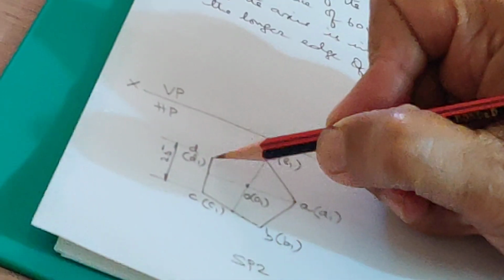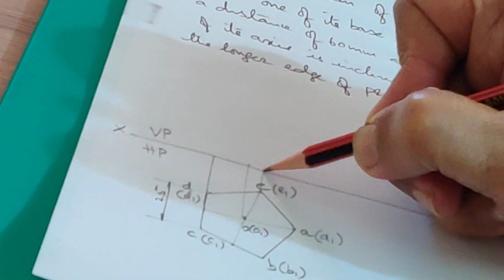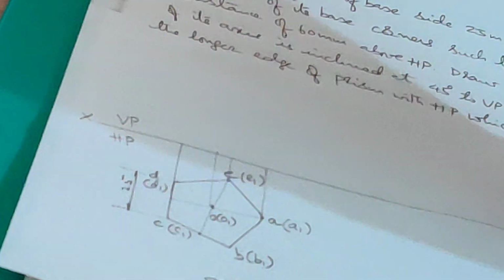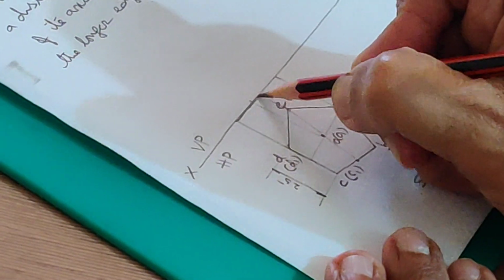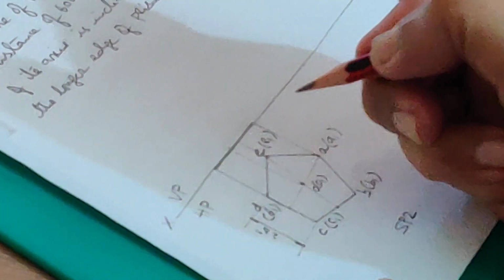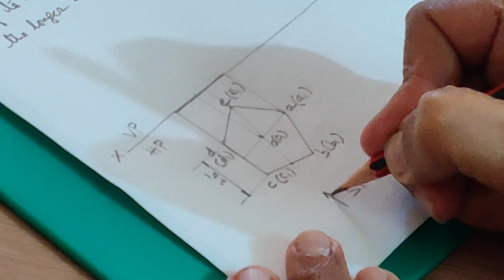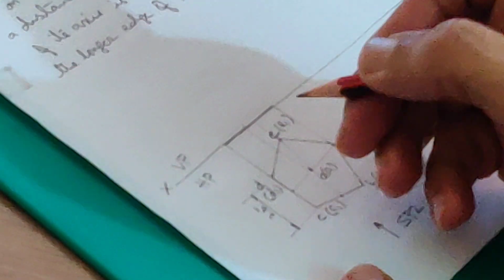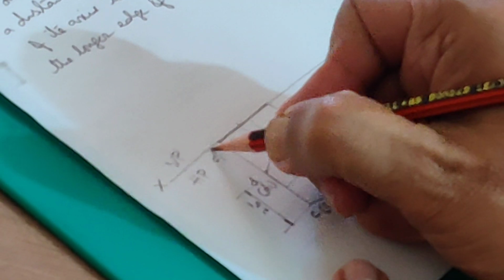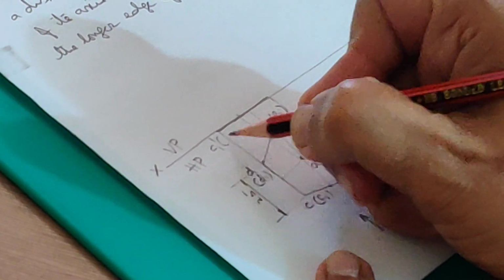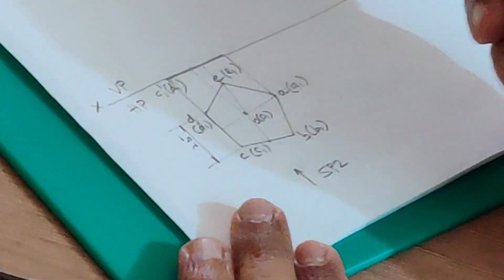Now let us project it and get the front view. The height of the prism is given as 50 mm. This is the base. This is the position of the observer. C1 is visible, D1 invisible.